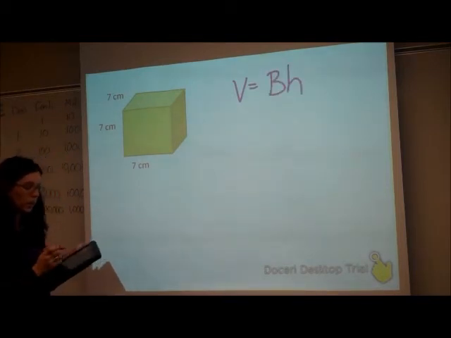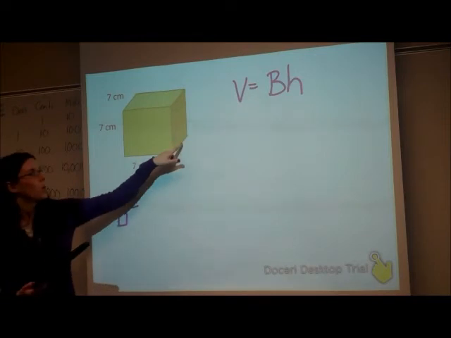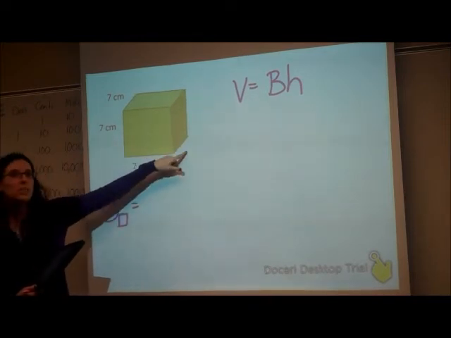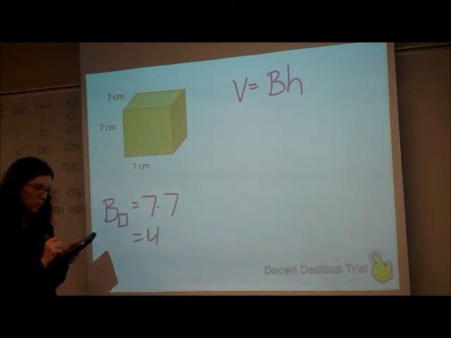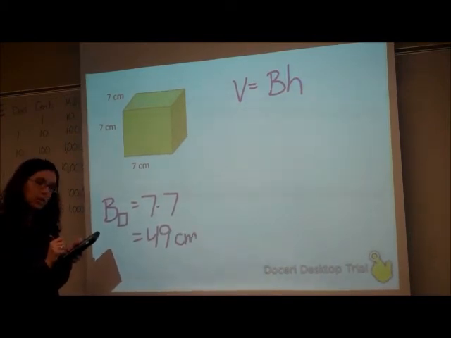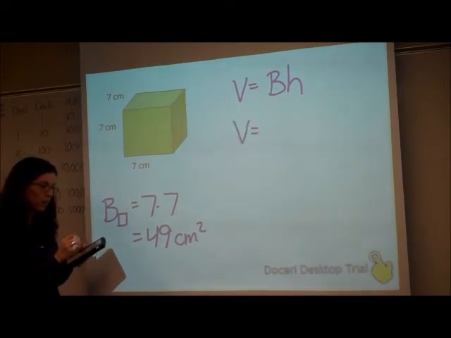So volume is the area of the base times the height. For my base, it's a square. This bottom square is going to be 7 by 7. So the area of that base is 49 square centimeters. Putting that back up here for my volume, the area of my base was 49.